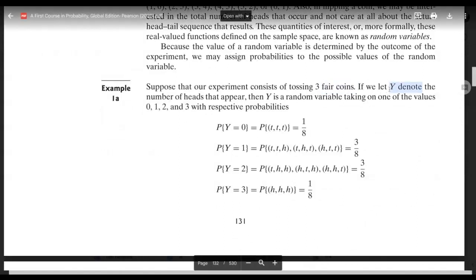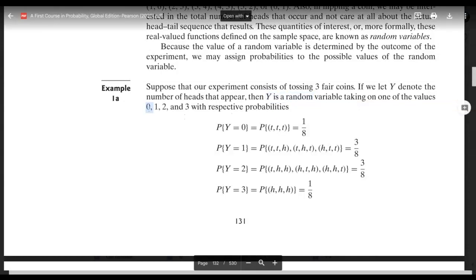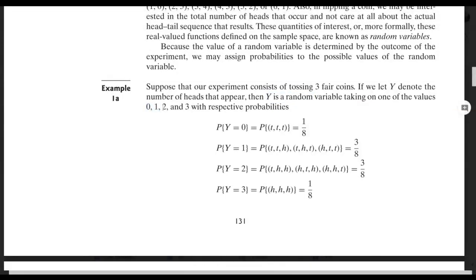If we let Y denote the number of heads that appear, then Y is a random variable, taking on one of the values 0, 1, 2, or 3 heads, with respective probabilities.